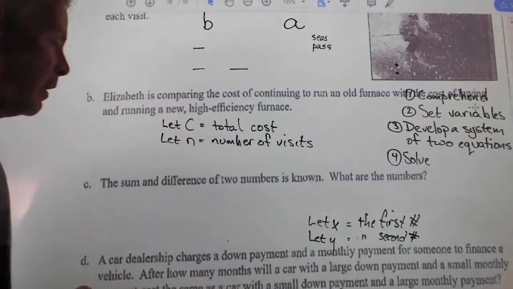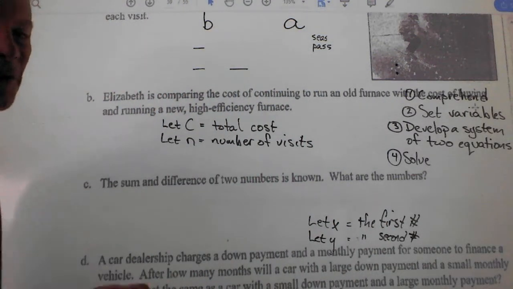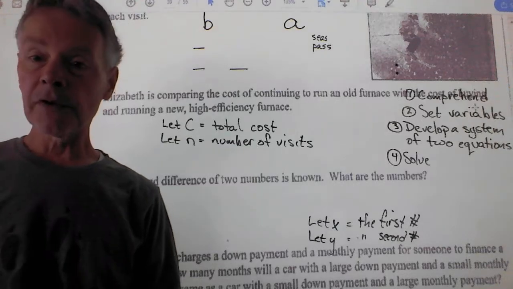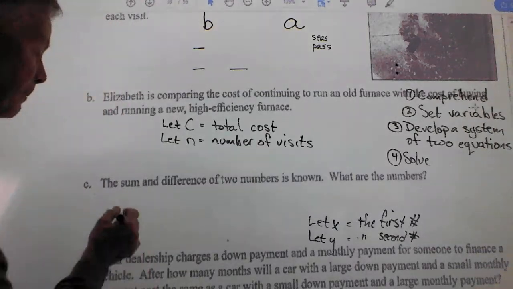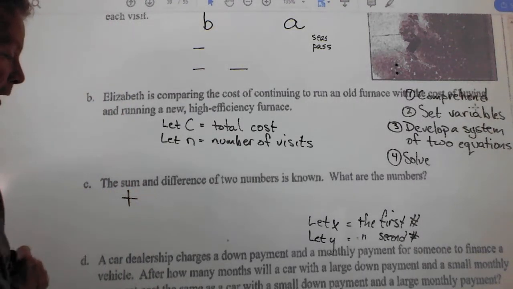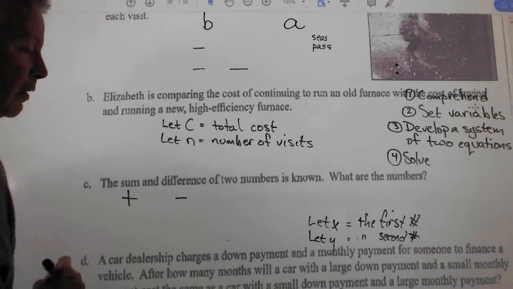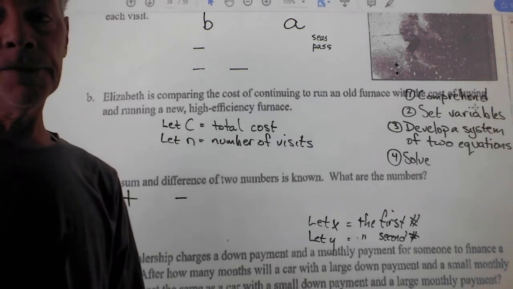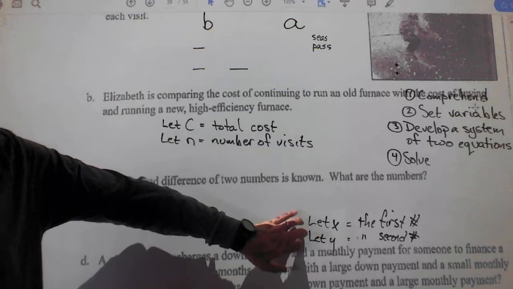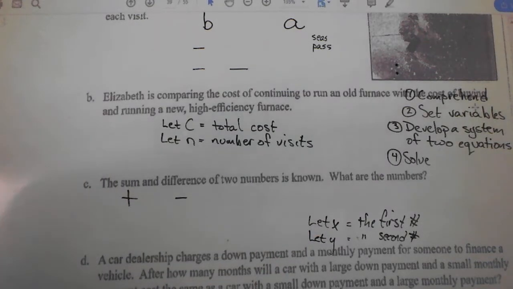and then all we're dealing with is a sum and difference. The only trick to this one is remembering what sum means and what difference means. Remember, you get a sum when you add, you get a difference when you subtract. And you're doing that to these two numbers, x and y.